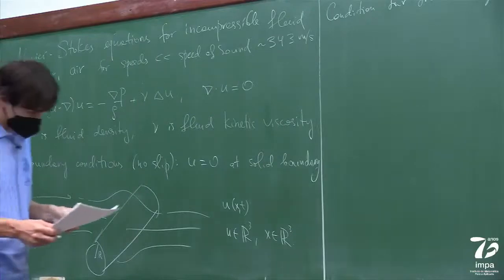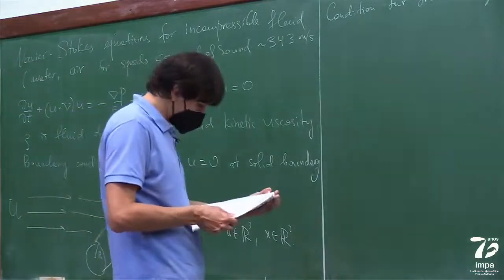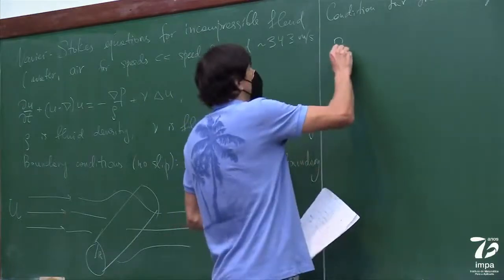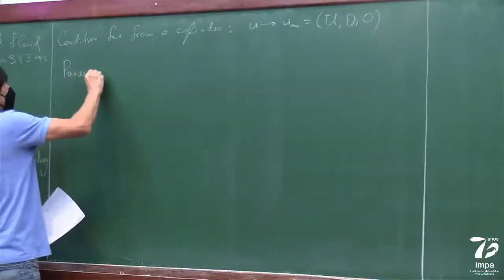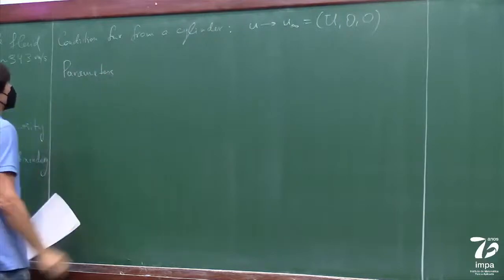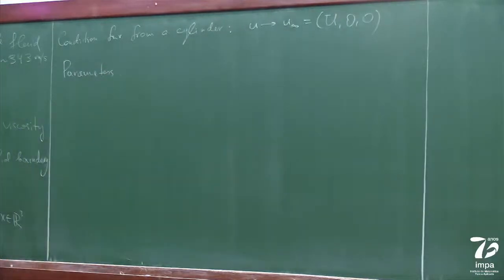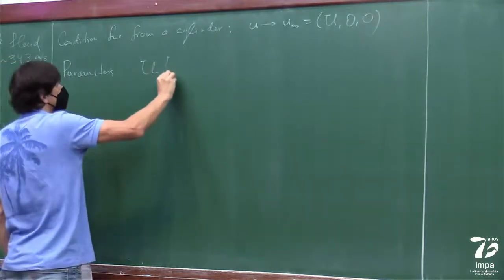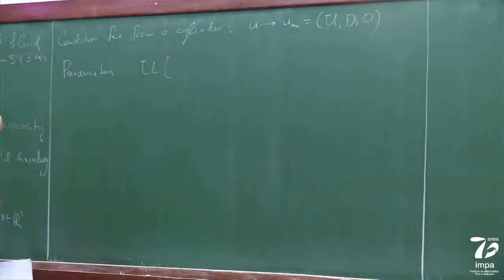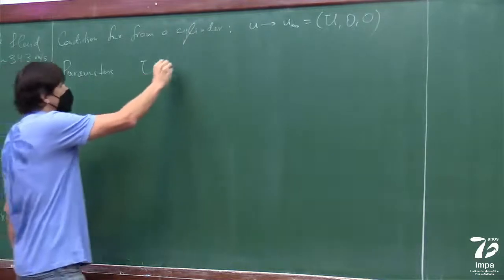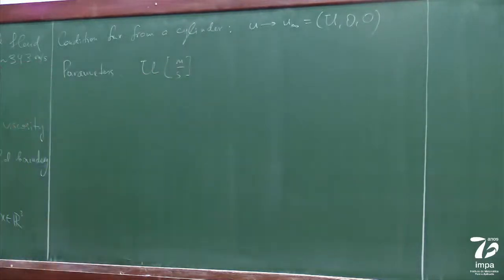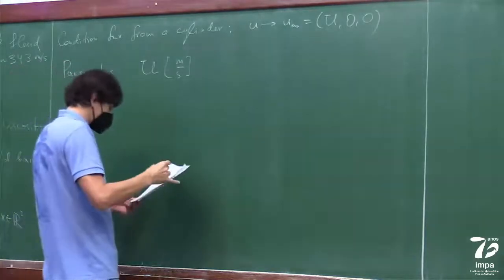So what are the parameters for this problem? There are several. You have u infinity, which I will give together with dimensions. The speed at infinity is a dimensional parameter.